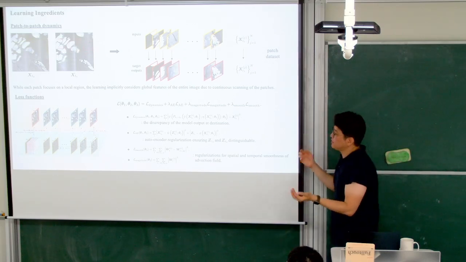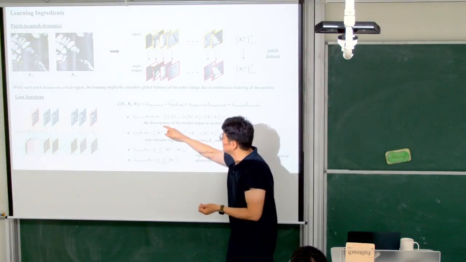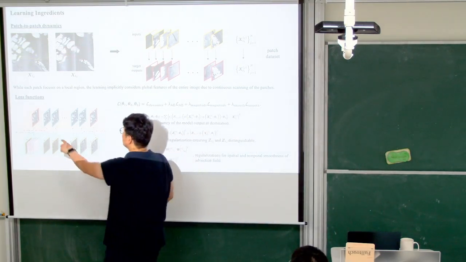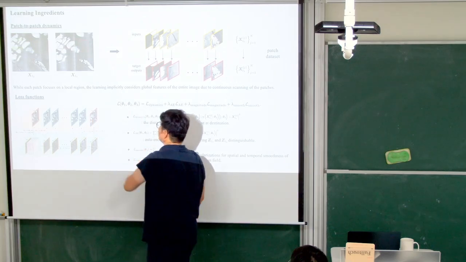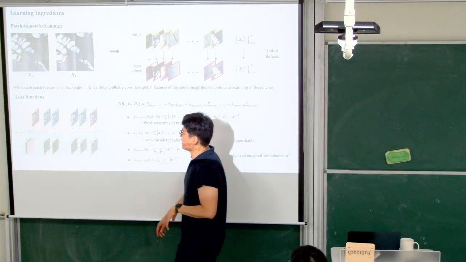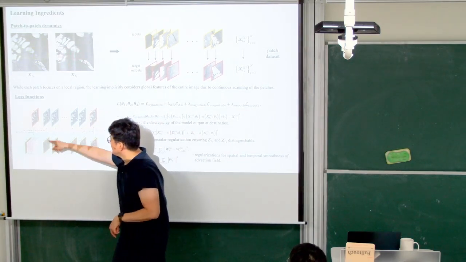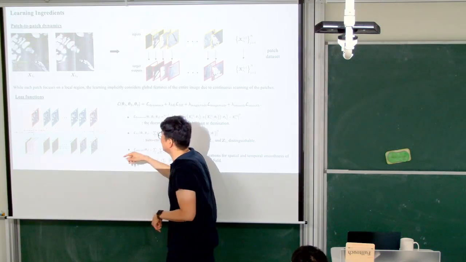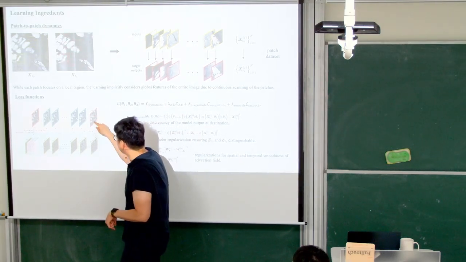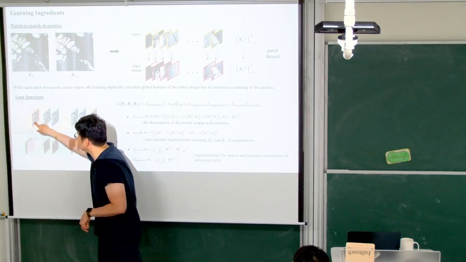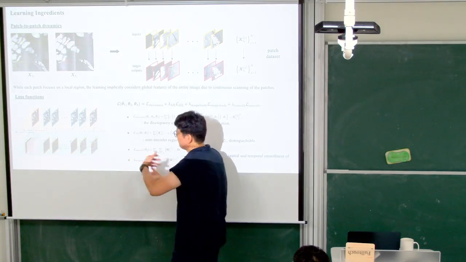And the loss terms: first, the dynamics loss, which says that starting from here, it should reach here. This is the corresponding dynamics. And for the autoencoder, the original flow is like that. We impose that when you apply this map to here, it is satisfied here, and vice versa.